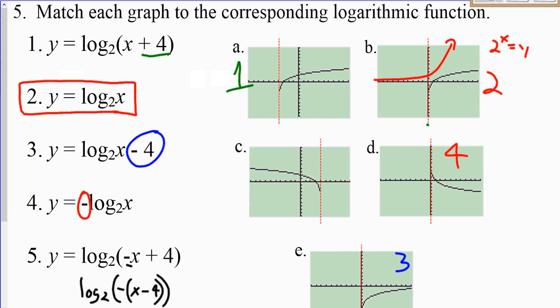Okay, so this negative here is going to be a horizontal flip. So it's flipping it to the left. And then now, because we had to factor out the negative from both of those, we can see that it's not a shift left, but it's actually going to be a shift right 4. So we can see that C corresponds to 5.